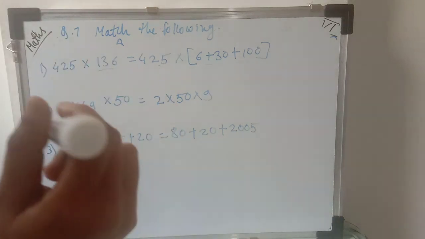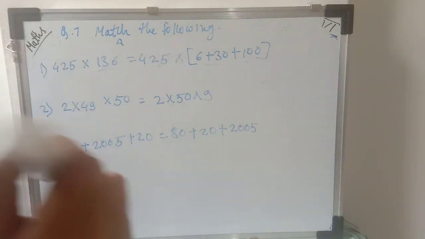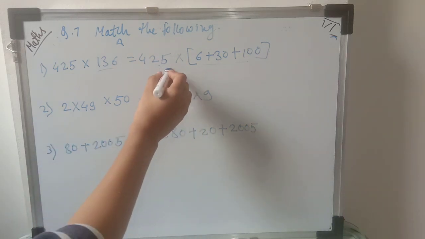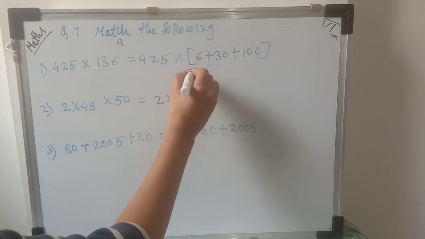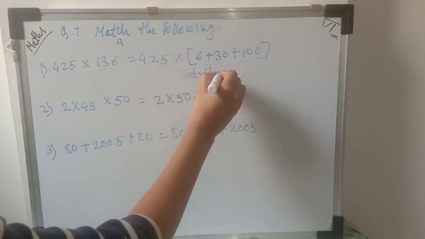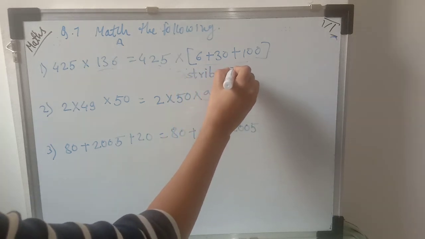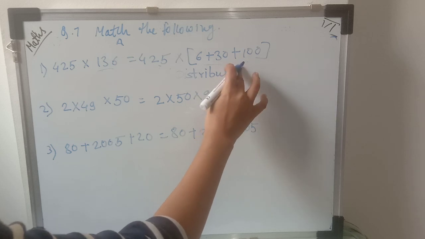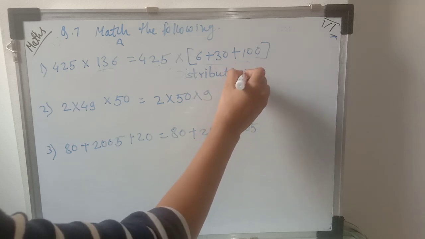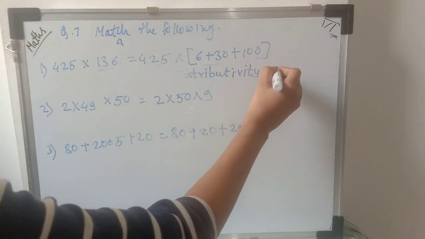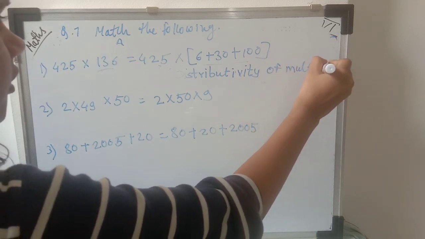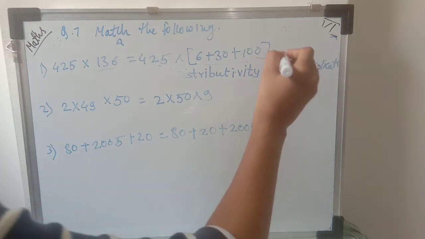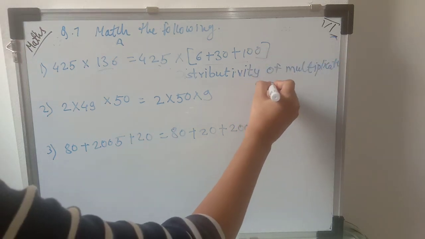So the C option is the correct match for this equation. So here will come distributivity of multiplication over addition.